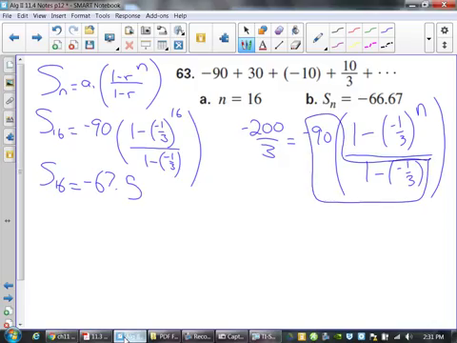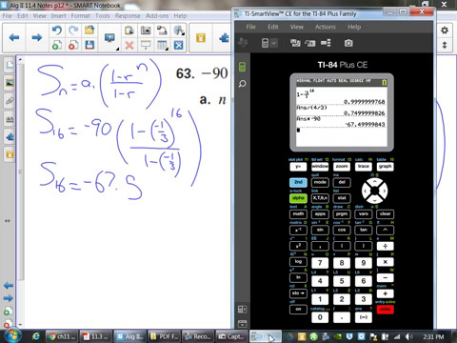Where did you get the negative 200? From here. Negative 66 2/3. I would convert it to a fraction. That's negative 200 over 3. So if I take negative 90 and I divide that by 4/3, I get negative 67.5.